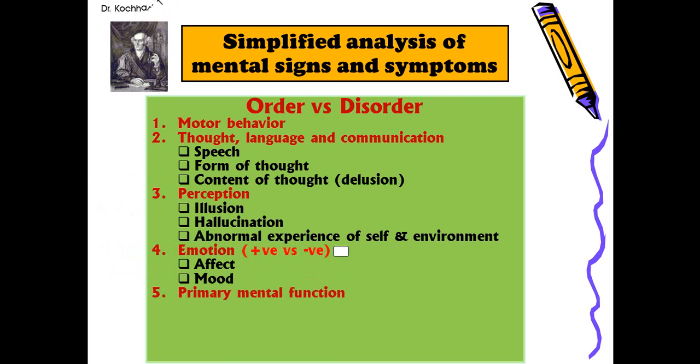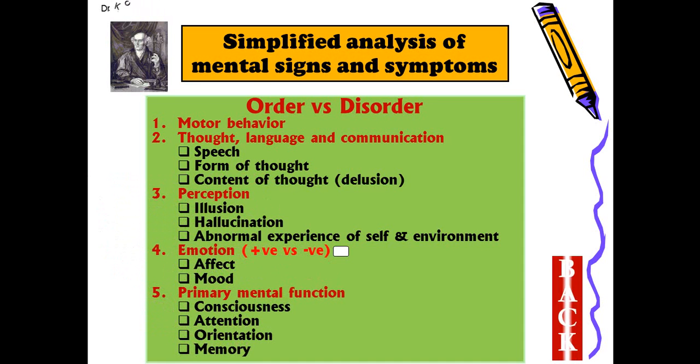Then primary mental functions. What are primary mental functions? Consciousness, attention, orientation and memory. Under mental state examination, which we studied last time, we have already covered these features, such as the types of memory: immediate memory, recent memory, late memory.